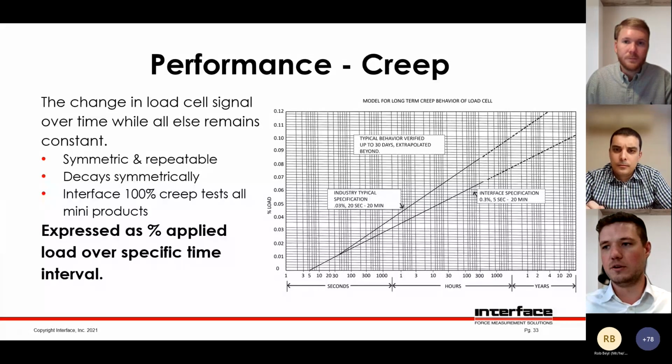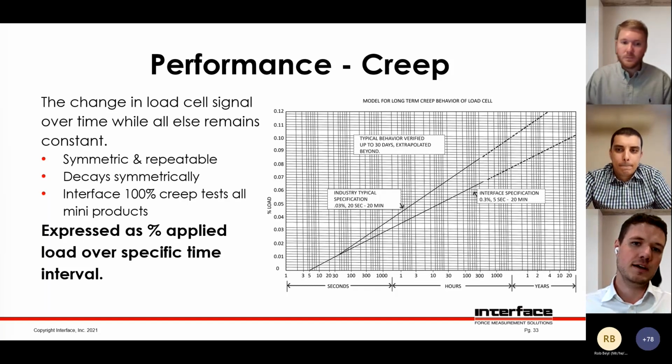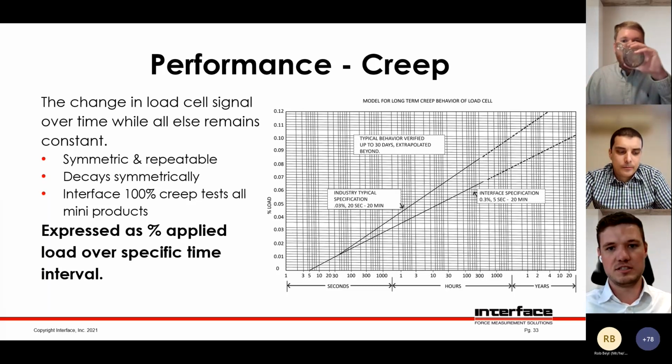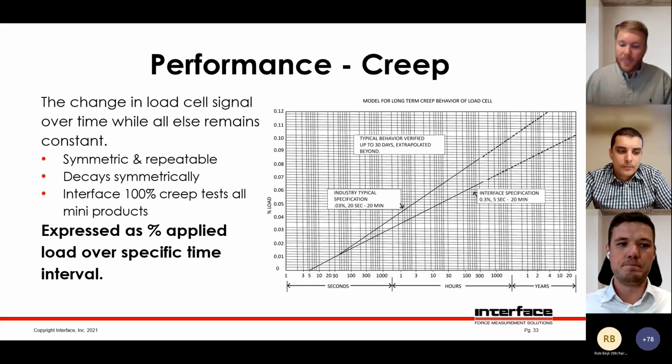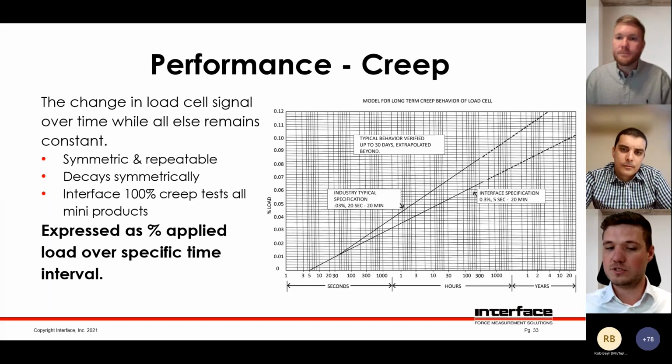So if you apply the load, the creep happens very early on, and when you take the load off, the creep happens early on the way down as well. So it will go back to zero and then slowly settle to where it came from. Interface 100% creep tests all of the mini products, especially. It's a key thing to look at in the data sheet for your load cell as well.